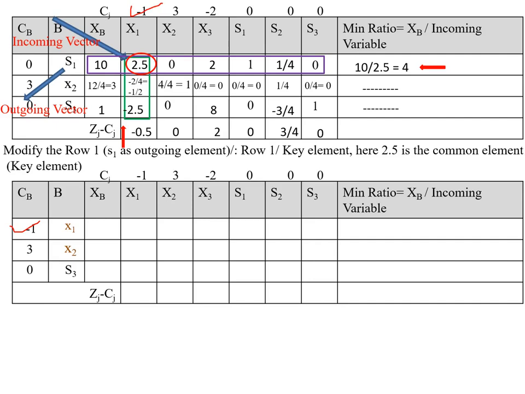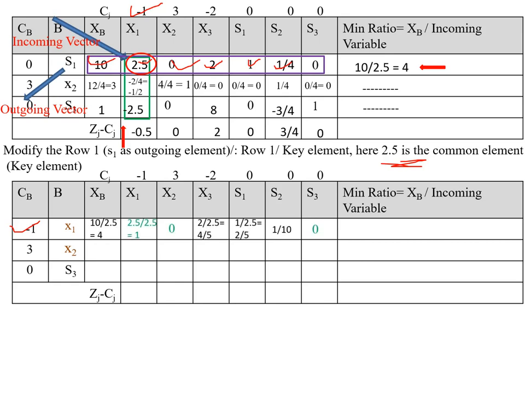In addition, we have to modify row 1 as row 1 divided by the key element. Here the key element is 2.5. So the row 1 elements are 10 divided by 2.5, 2.5 divided by 2.5, 0 by 2.5, 2 divided by 2.5, 1 divided by 2.5, 1 by 4 divided by 2.5, and 0 divided by 2.5.